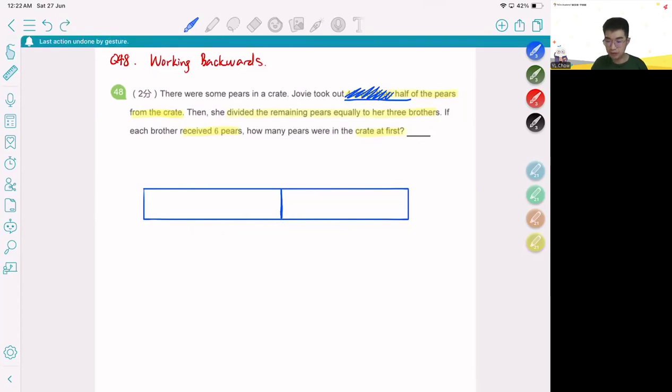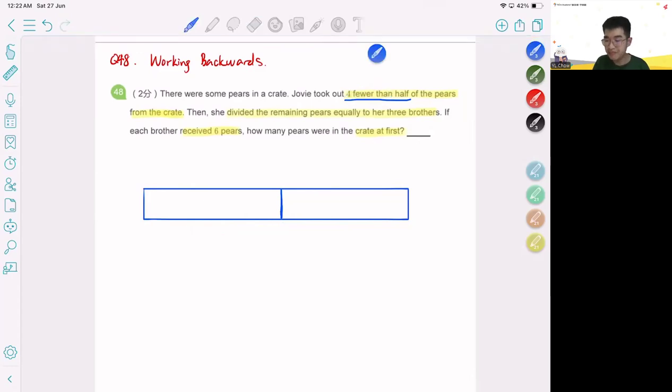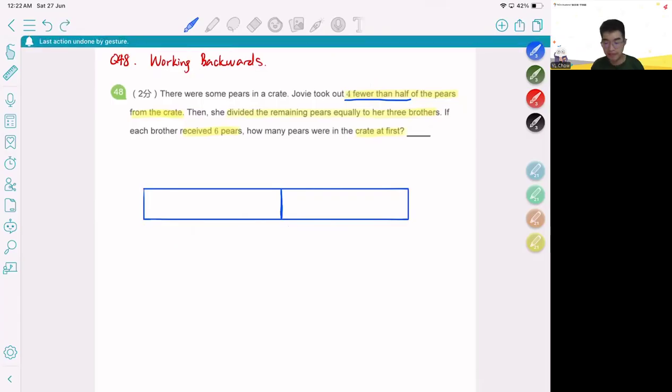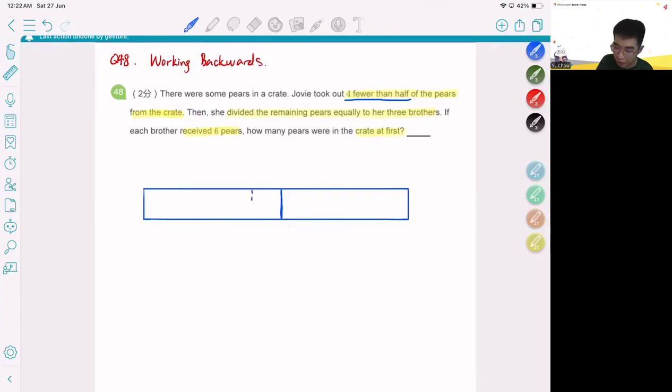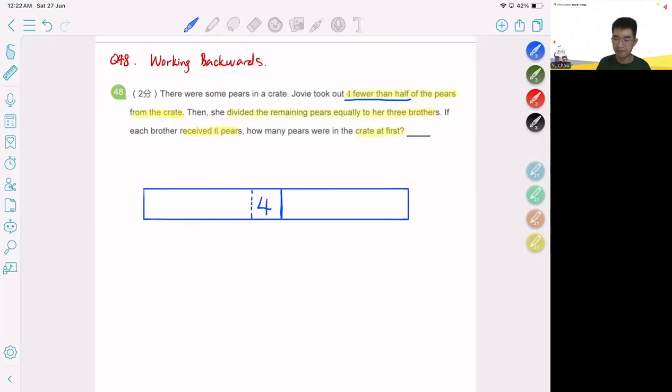However, this time Jovi is taking 4 fewer than half. That means, did she actually take away this entire half? No, she took away 4 fewer than that. That means among this half, 4 of it wasn't taken away. So this is the part that was taken away at first.